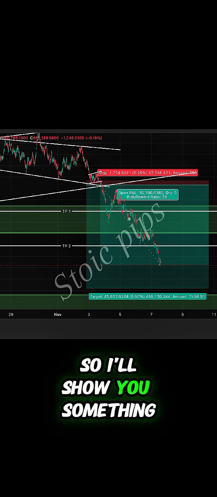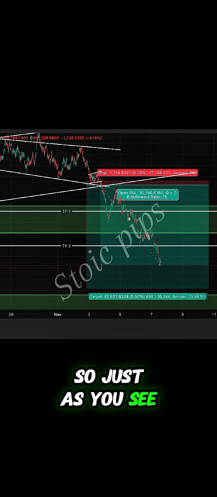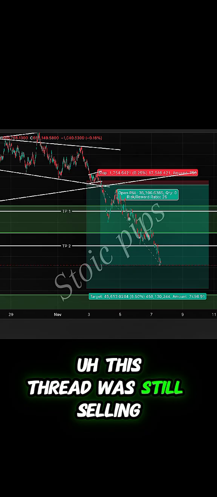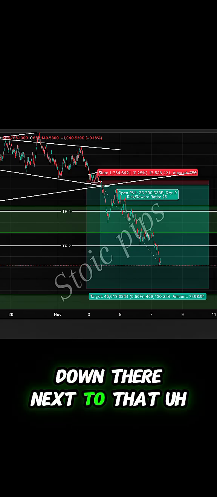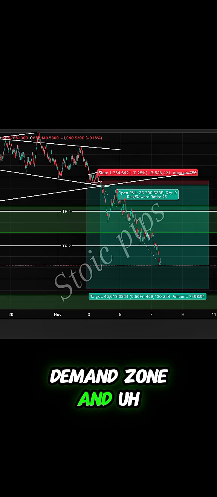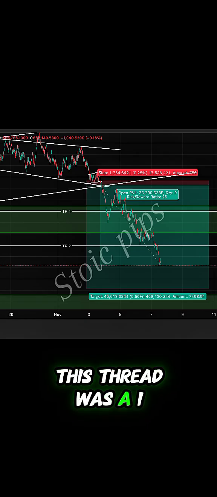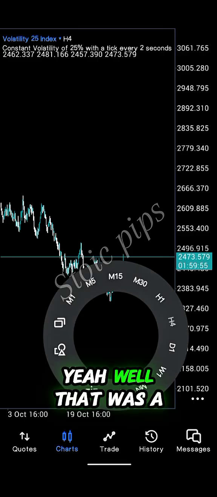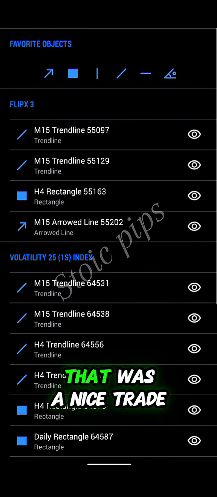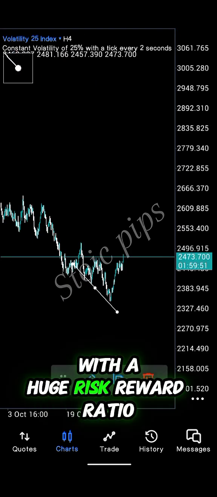So I'll show you something. Just as you see, this trade was still selling, and my actual target was down there next to that demand zone, and this trade was 1 to 26 risk reward ratio. Well, that was a nice trade, with a huge risk reward ratio.